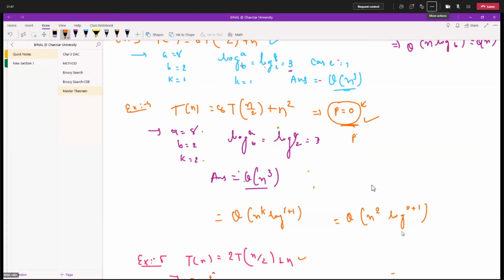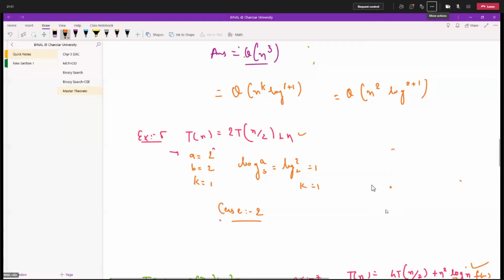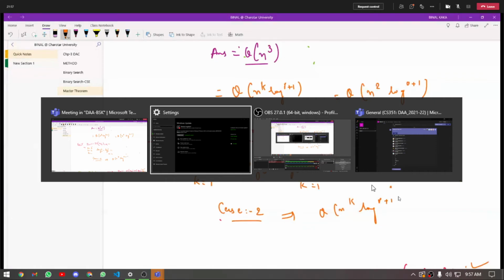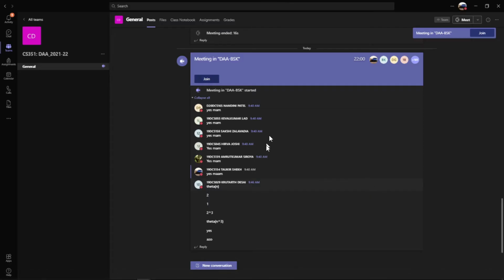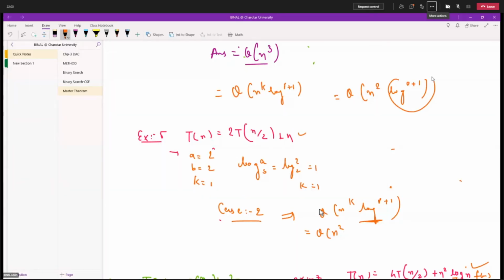We are doing example 5. Oh, sorry. Yes. Theta n to the K times log P plus 1, right? So what we have is theta n square. Now what to do with this? Log P, if I'm putting 0 plus 1, what is the answer? Ma'am, here the value of K is 1. Okay, n will come. K is 1, so only n.